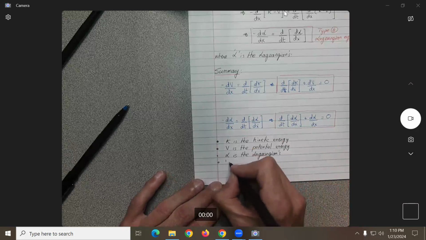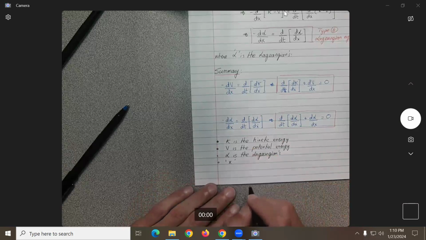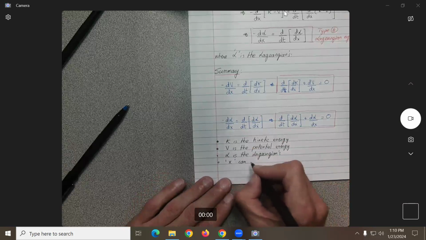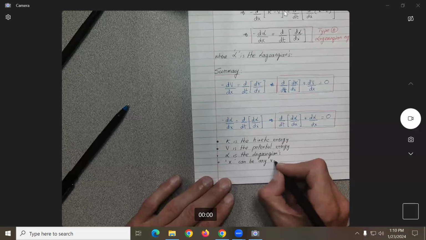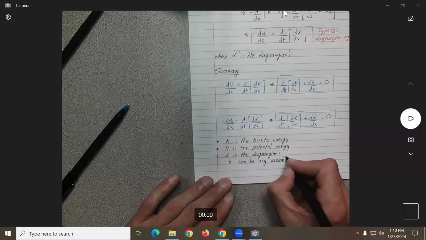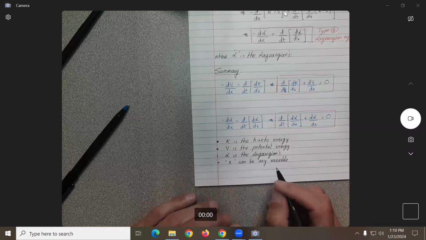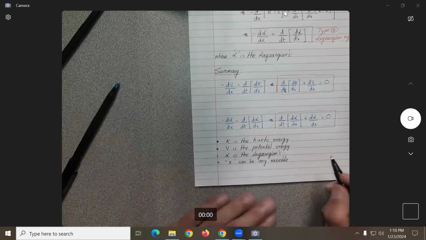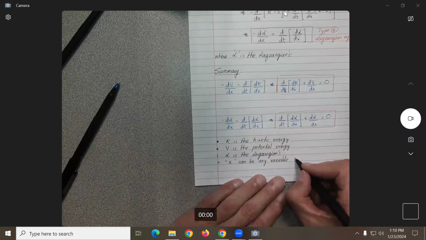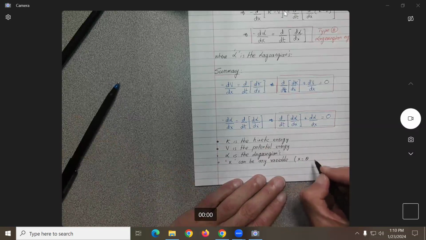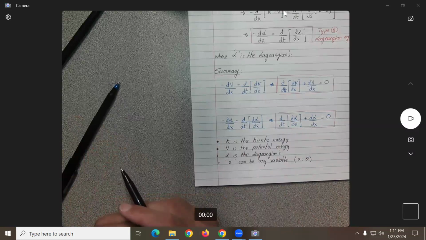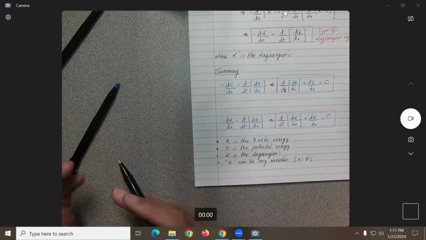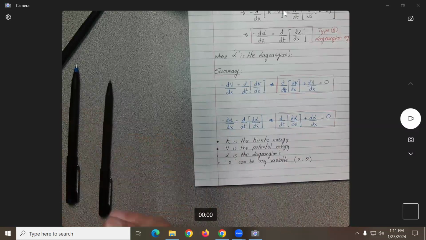And here's important, x can be any variable. I use x because we're talking about translation, but if it was rotation, x could be equal to theta, no? So it's not that it's x. This could be any variable that you need to use: x, y, z, theta, theta dot, whatever you need.